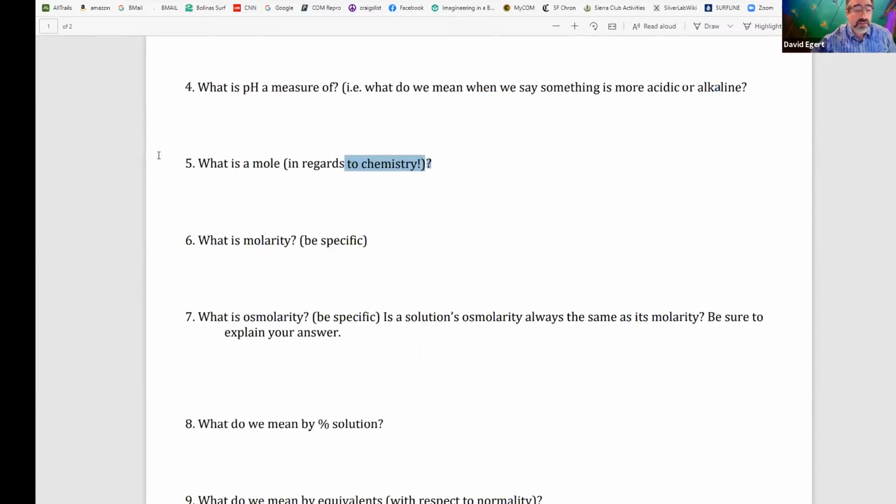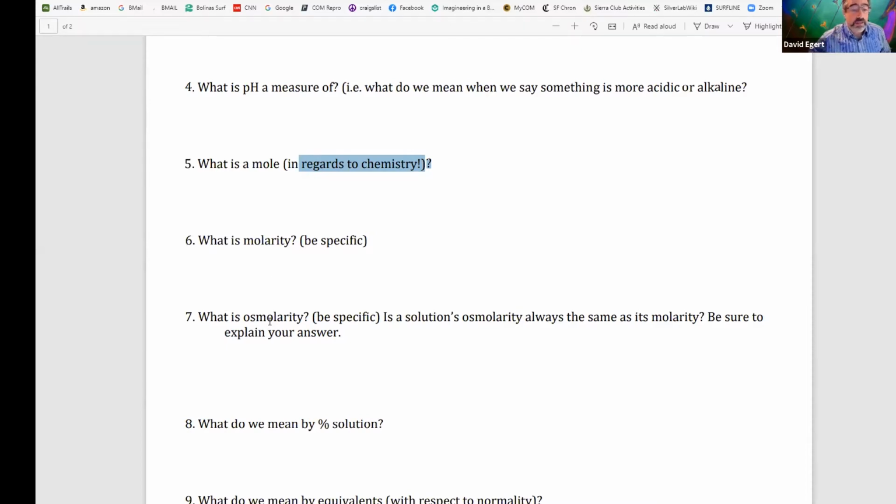Moles. Again, most people got it, but some people still don't know what a mole is, which you probably want to know eventually. Think about numbers of eggs in a carton. It's like the number of atoms or molecules in a handful. It's 6 with 23 zeros after it, atoms or molecules of something.